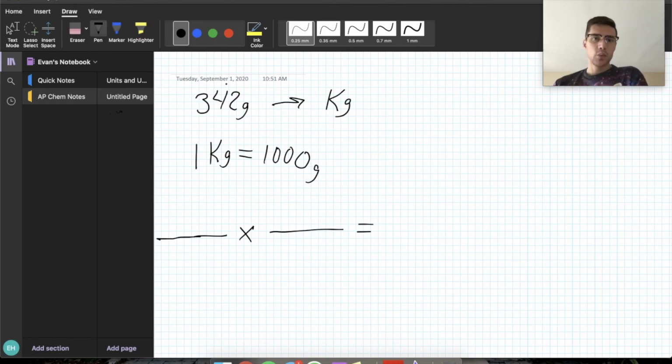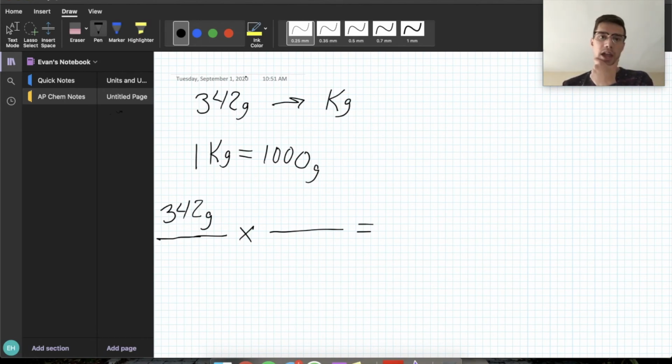Okay, so we're starting with 342 grams. That is our mass, okay? Now, whatever you're starting with should always be your first value, right? Because you're starting from there and you're going somewhere else. So you want to start with whatever value you have. Now, the place we would start is right here, 342 grams. You got to make sure you have the unit or you might not cancel things out correctly.